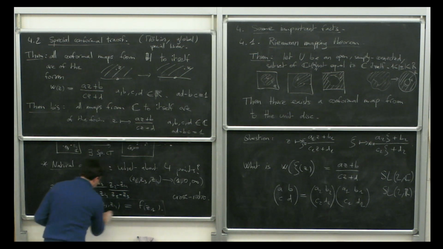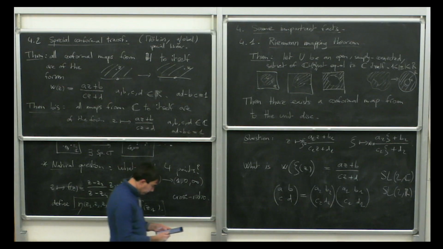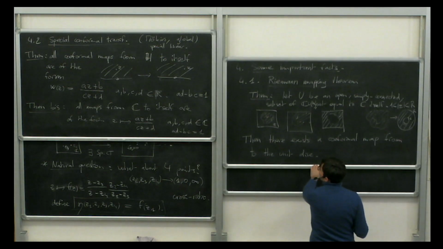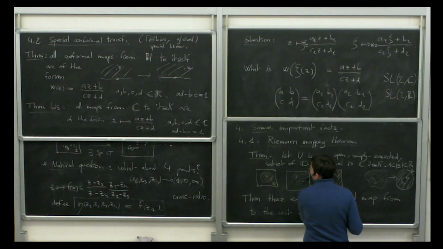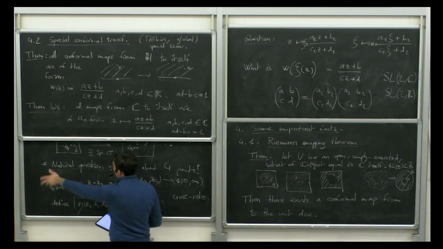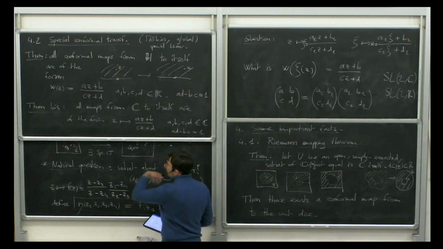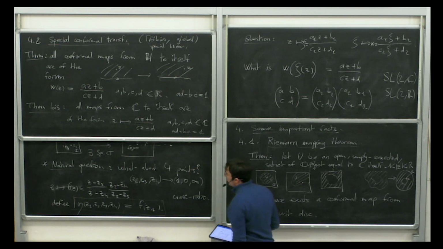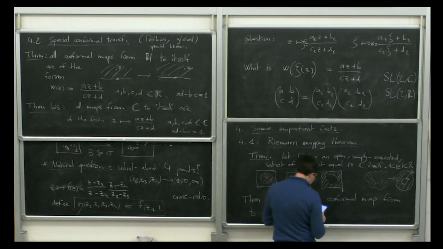So now, question. If I take 4 points, and then I use some special conformal transformations, I say these 4 points get mapped to a set of other 4 points. How does the cross ratio change?